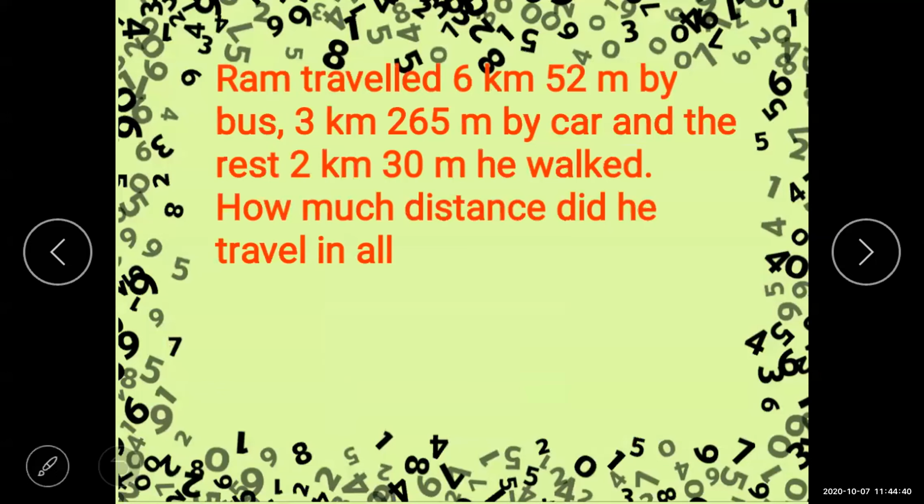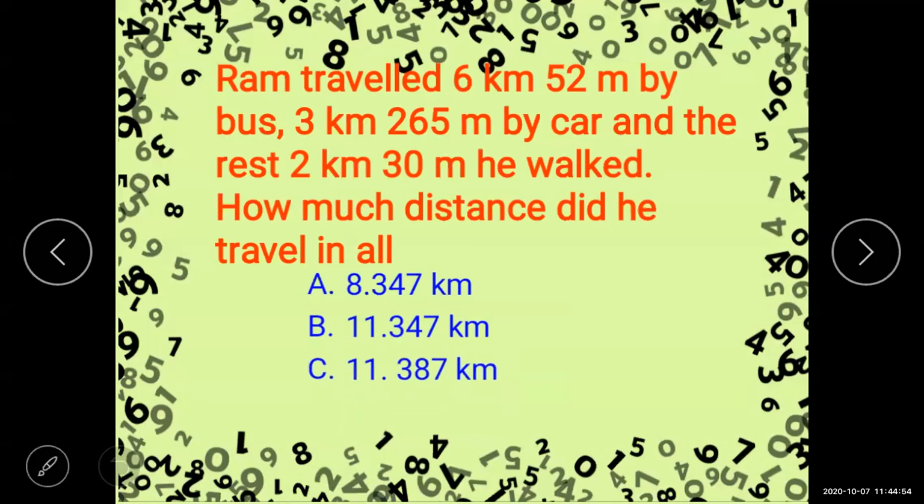How much distance did he travel in all? Your time starts. I will give the options also, don't worry. A, 8.347 kilometer. B, 11.347. C, 11.387. D, 8.247.